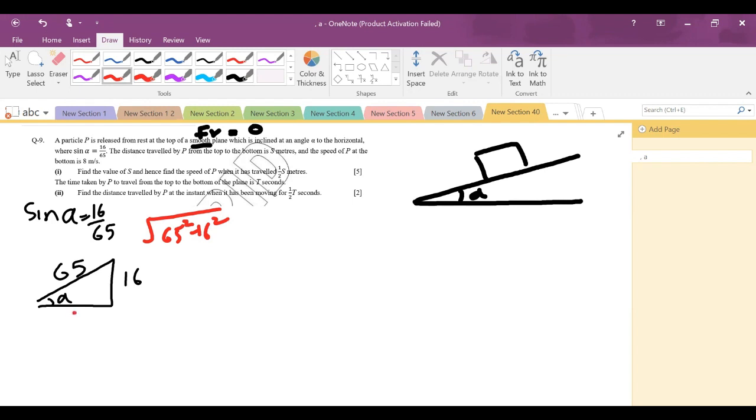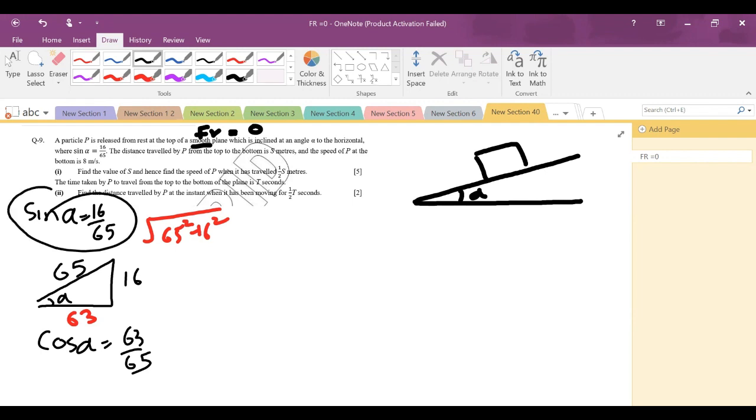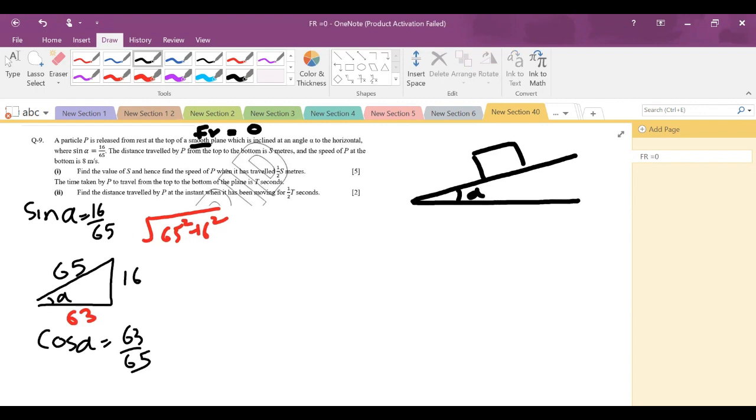So this length is 63, meaning cos alpha is 63 over 65. तो कंपोनेंट्स में कहीं साइन अल्फा यूज होगा, सही कहीं कॉस अल्फा यूज होगा। सो सिंस साइन अल्फा को आपको कंप्लीट वैल्यू गिवन इन द फॉर्म ऑफ फ्रैक्शन, तो आप उससे कॉस अल्फा निकाल सकते हो। ओके, so we don't really need to find alpha since we have sin alpha and cos alpha.